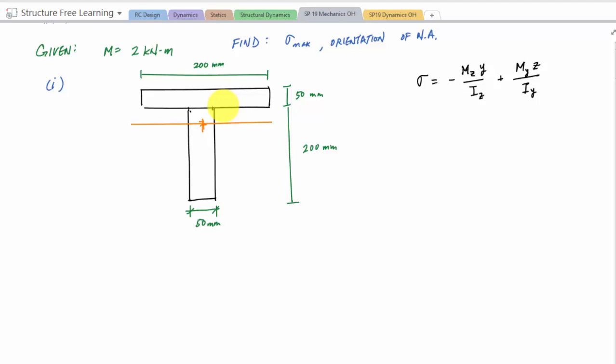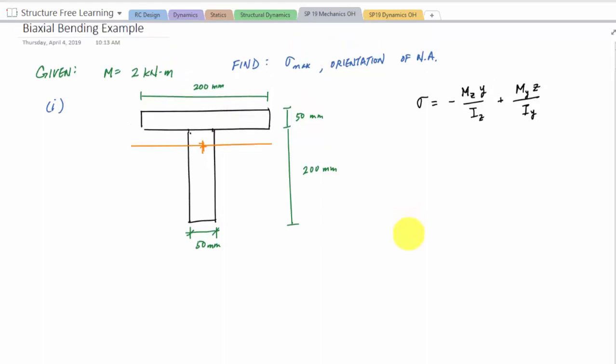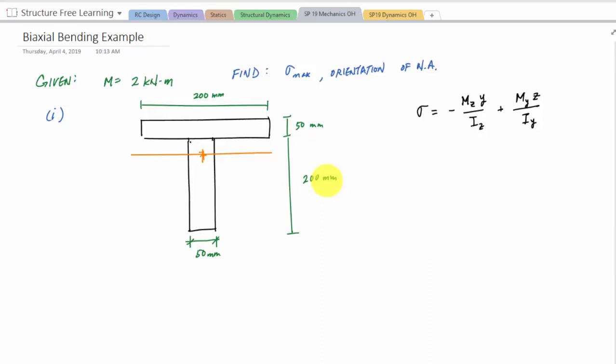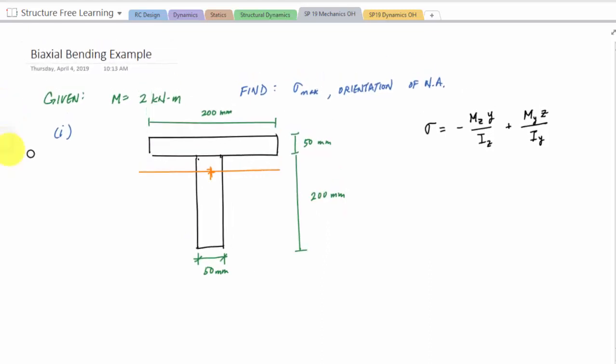So one of the first things I want to do is look at the geometric properties. I have this cross section, and I have a 2 kilonewton meter moment at an angle of 60 degrees. So here, the moment is on the face of the cross section, like this.